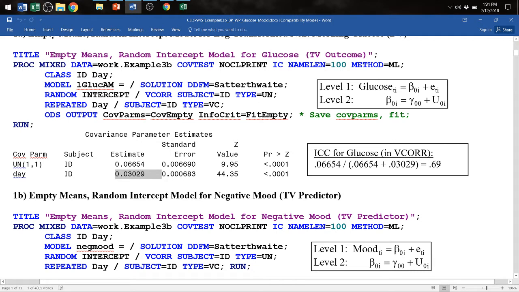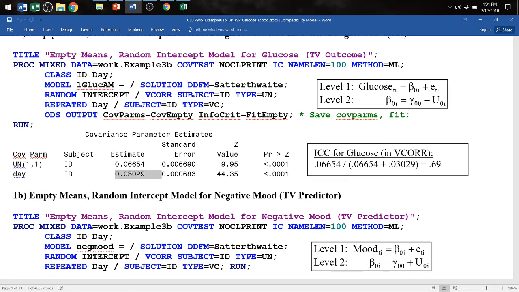So most of my variation in glucose is between or within? Louder. You know this one. Between. Most of my variation is level 1 or level 2? 2. Most of my variation is people or time? People. Okay.